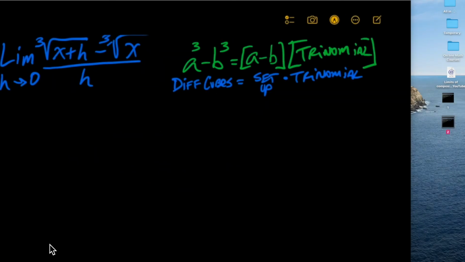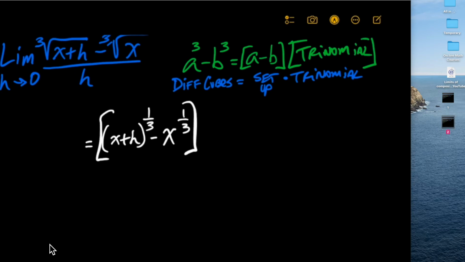Let's talk about how to go backwards here. Here's our setup. Our difference of two perfect cubes would be each of these terms cubed.